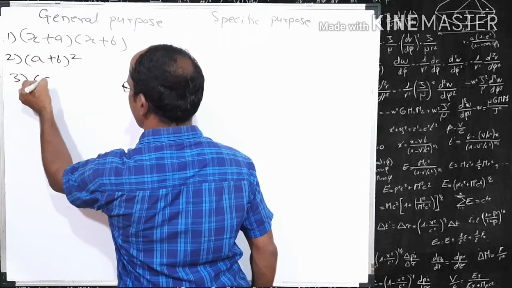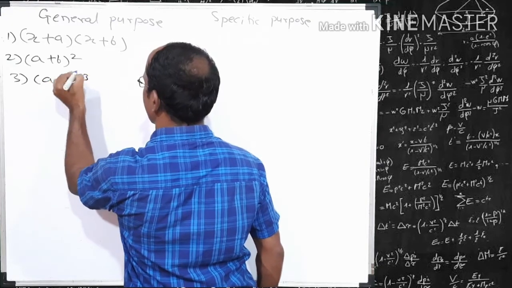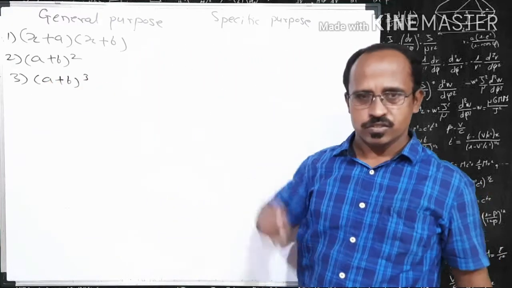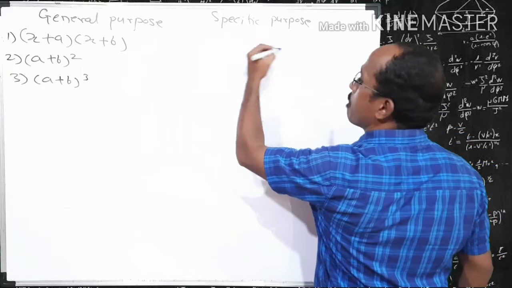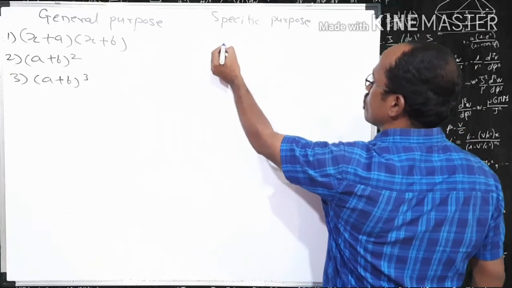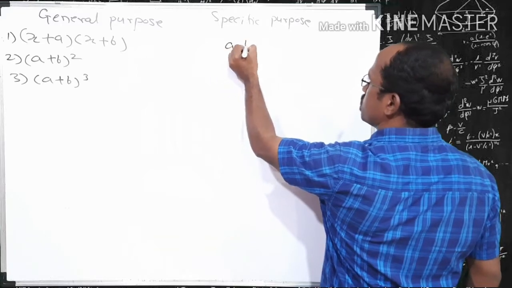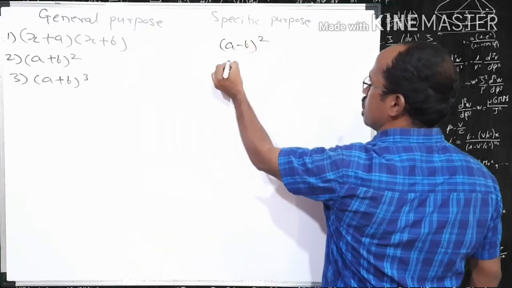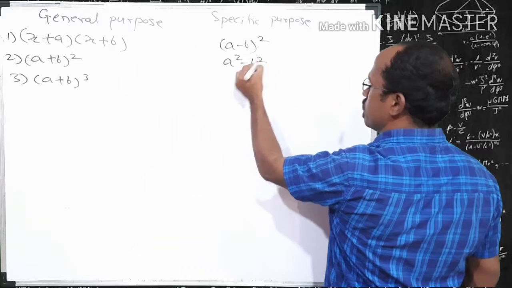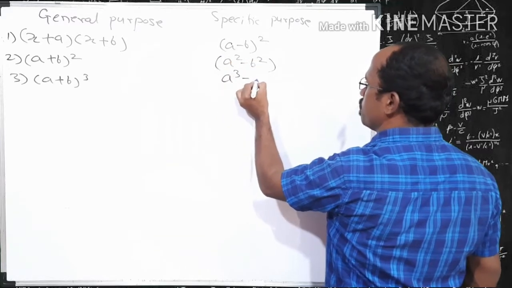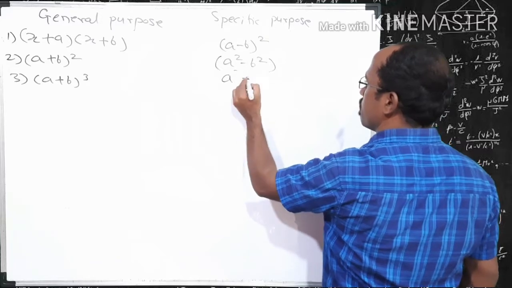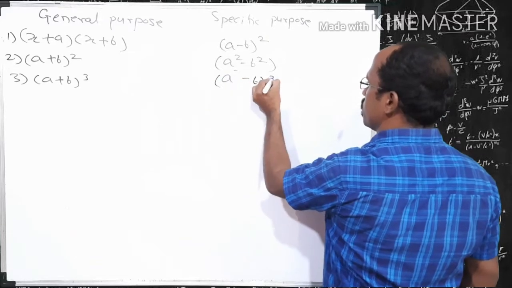Third one is (a plus b) cube. These are the general purpose formulas. And specific purpose formulas are (a minus b) square, a square minus b square, and a cube, (a minus b) cube.